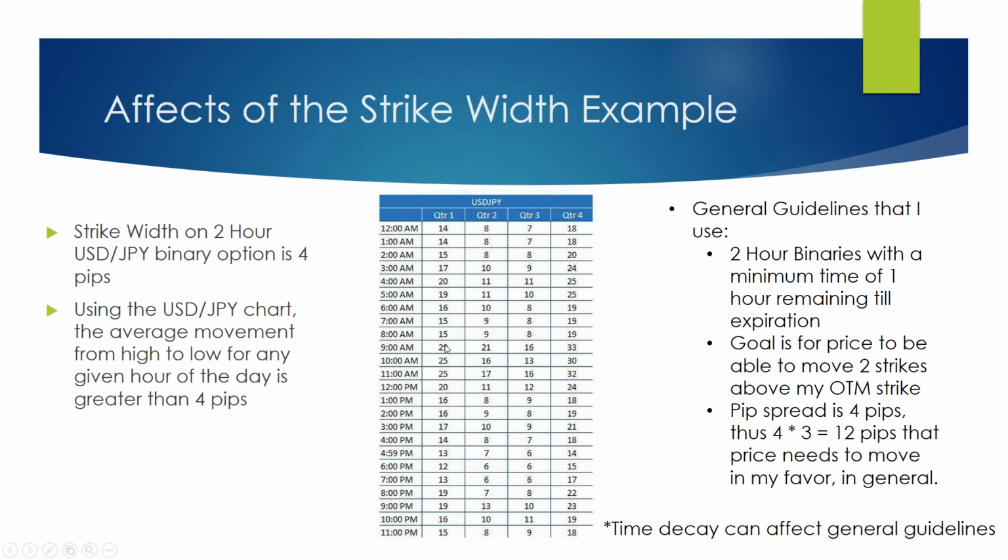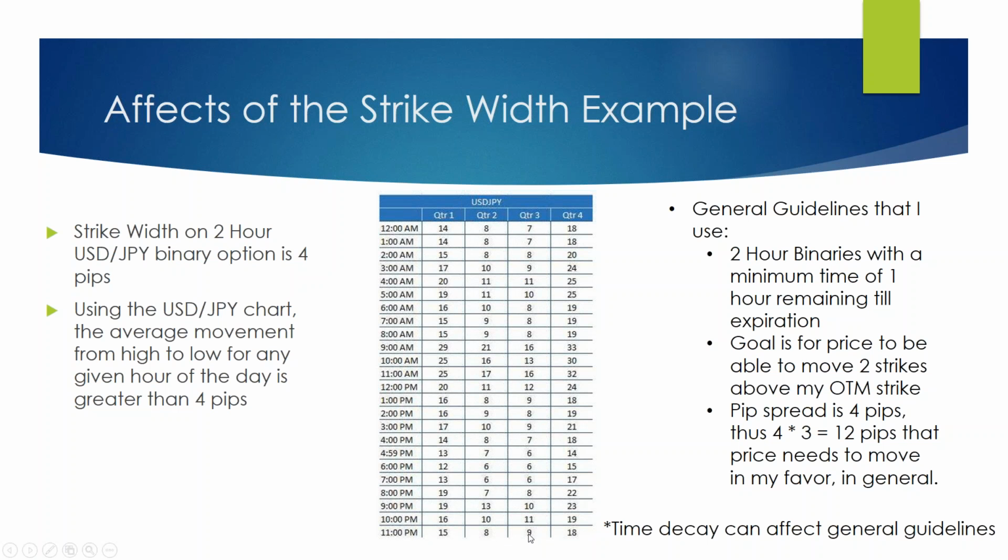And I can actually refer to this and tell you on any given day, at any given hour, can the USD JPY move at least 4 pips? Typically, yes, it will.